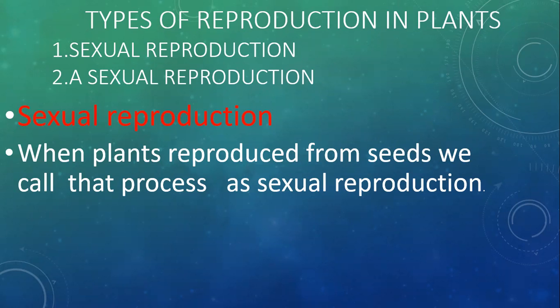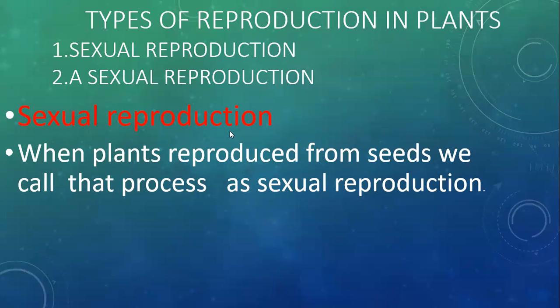After that process, fertilization. After fertilization, the ovary becomes fruit and the ovule becomes seed. That is, the seed is formed from the flower. So the reproductive parts of the plant are flower, fruit, seed.